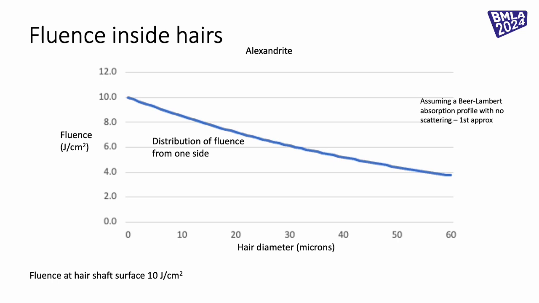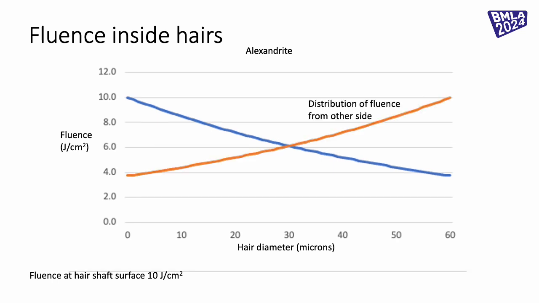The rest of it is lost to the surrounding tissue. And then from the other side, because it's a one-dimensional model, we get light coming from both sides, so we've got fluence coming from that side too, which is the flipped opposite of the first fluence, almost exactly the same but in the other direction.